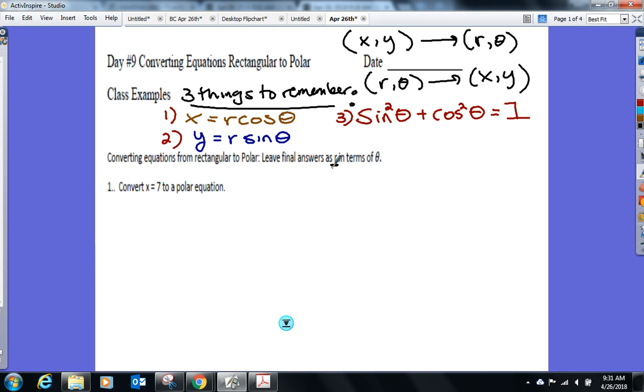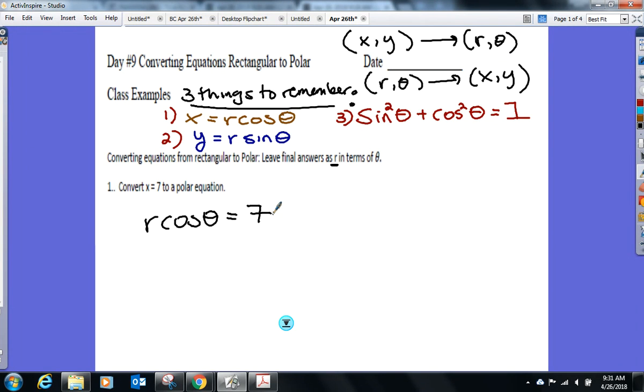Here we go. Convert x equals 7 to a polar equation. What variable do you see up there? X. What's x's equivalent in polar? R cosine theta equals 7. All of these are being solved for R. What would you like to do on both sides to solve for R?